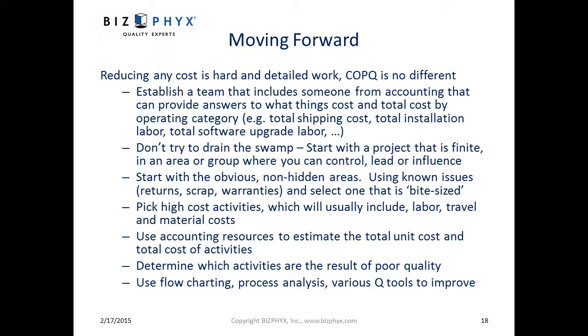But pick something that also has some value, where once you look at the costs, you actually will be able to recognize those savings. Again, use accounting to estimate the costs and to get their buy-in that you've actually done something good. Because when accounting buys in, you can also get your management to buy in and continue the process.